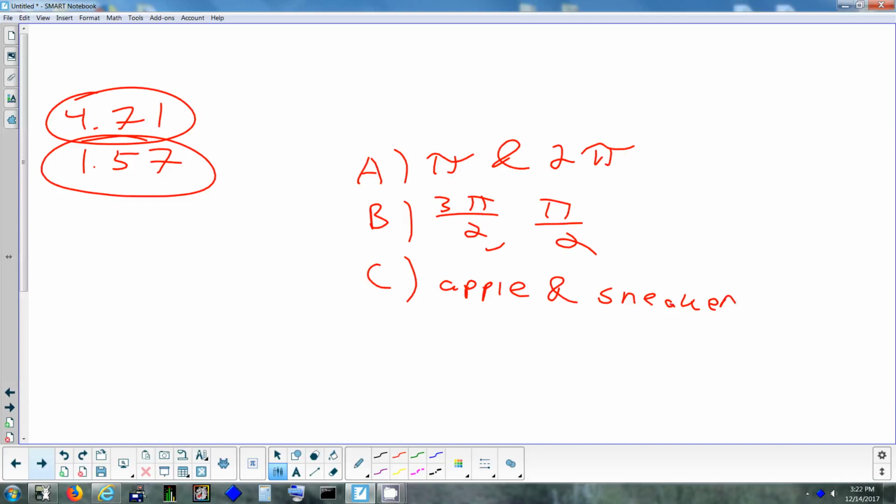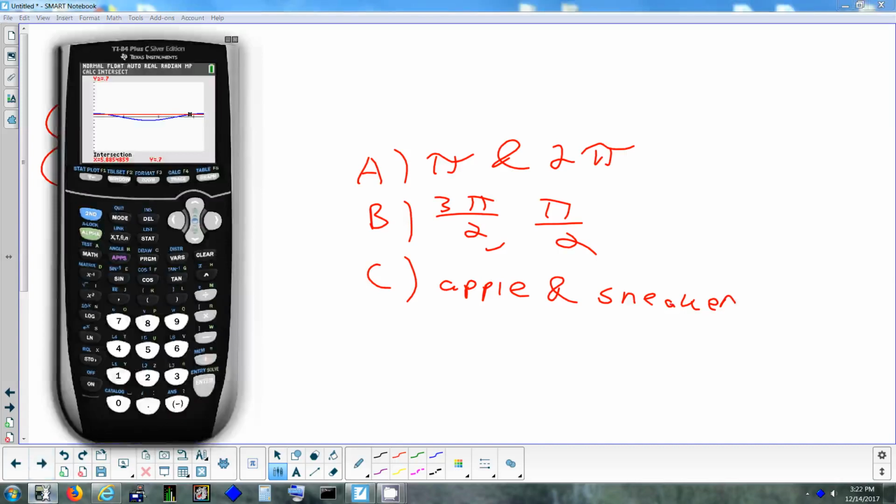Convert them to, like, having pi next to it. Yeah, so it would be B, right? Because if my answers are not decimals and yours are, we'll change my answers to decimals. 3 pi over 2 is 4.71.